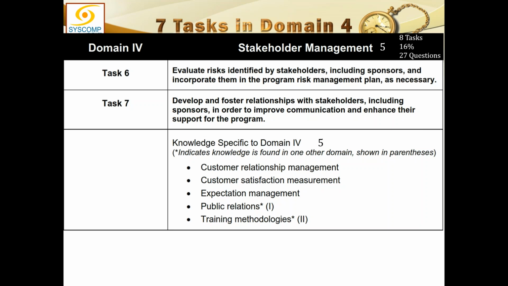So these were the 7 tasks of stakeholder management, and the specific knowledge for this domain could be customer relationship management, customer satisfaction measurement, expectation management, public relations, and training methodologies. Again, each one of these topics is a complete subject in its own self.